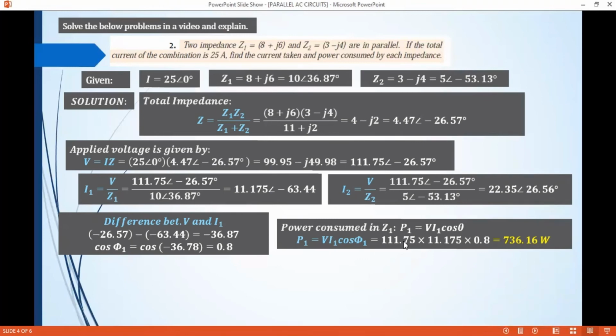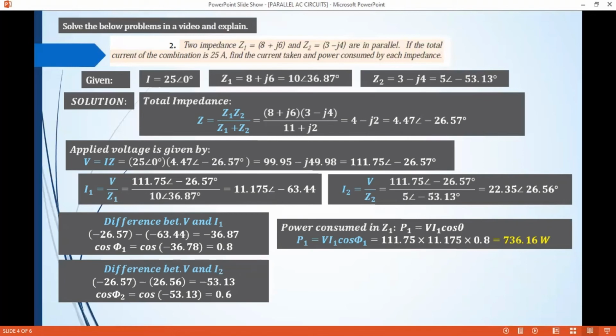And then for the current, the I1 is 11.175. Then multiply it by the cosine phi, which is 0.8. So we have 111.75 times 11.175 times 0.8. So we have 736.16 watts. So that is the power consumed in the impedance 1.